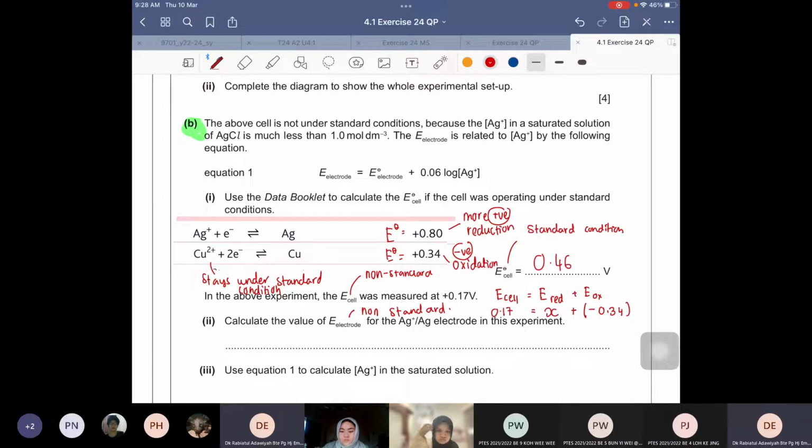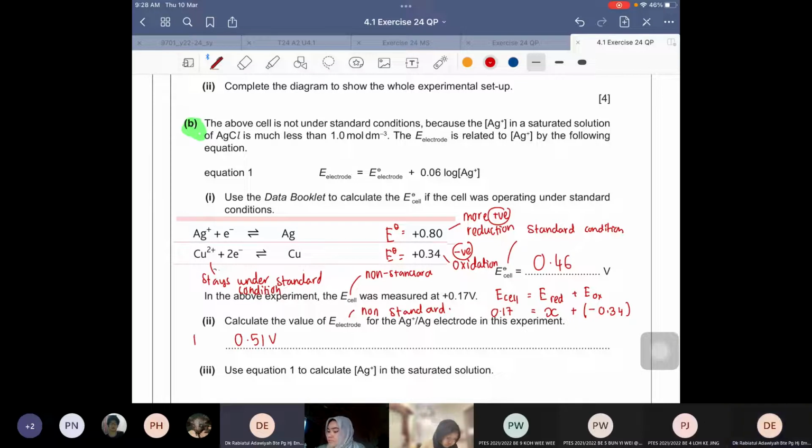So I have to work out my x to find the non-standard electrode potential for my silver half cell, and that should give me 0.51 volt.